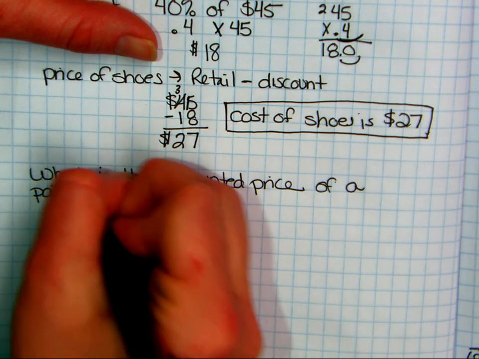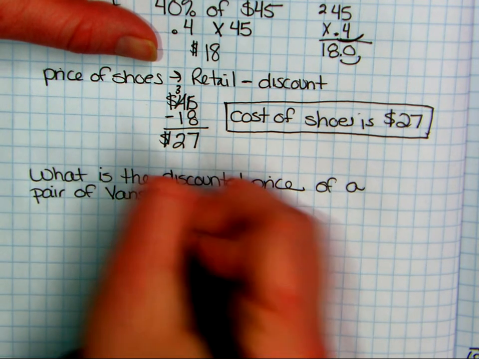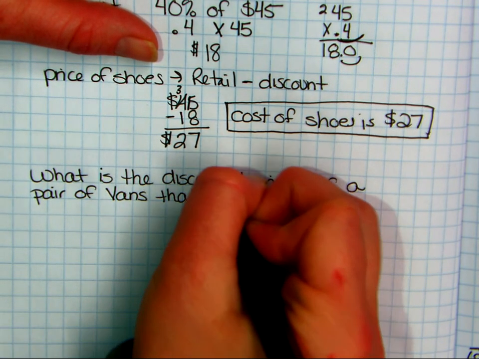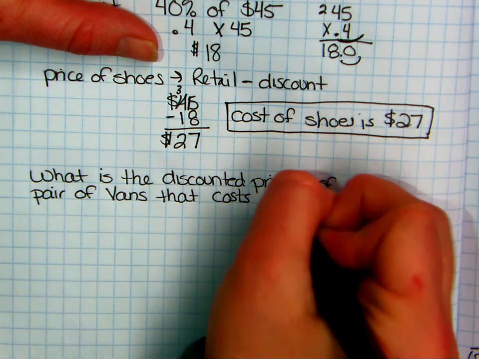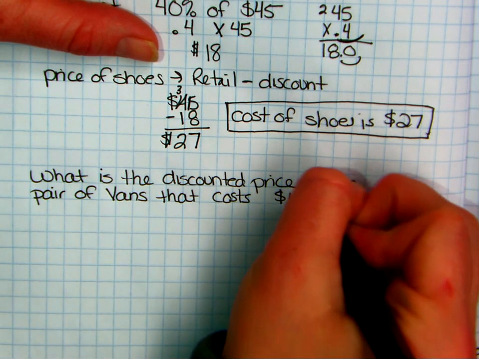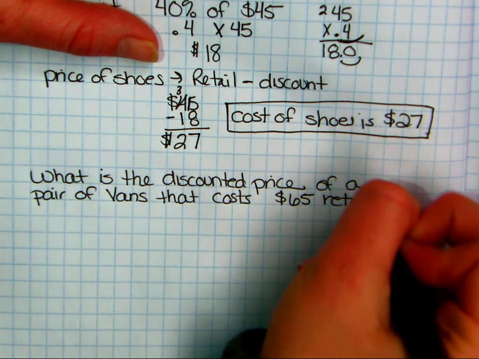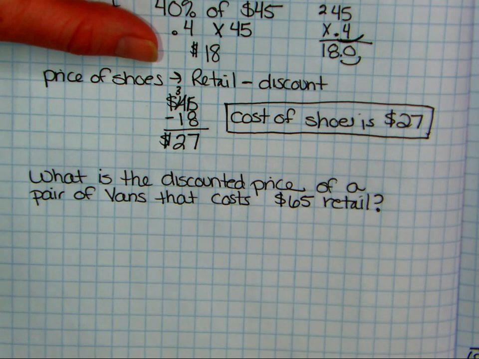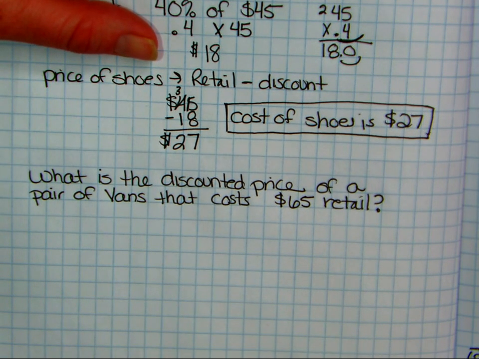Let's do a pair of Vans that costs, let's go $65 retail. So I want you to figure out what the cost of that shoe is going to be. You've got to first figure out the discount. Once you figure out the discount, you've got to subtract it from the retail. You got it? I want you to do that on your own. And tomorrow we'll deal with tax and the real world.